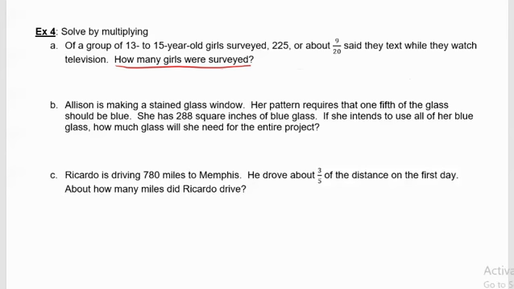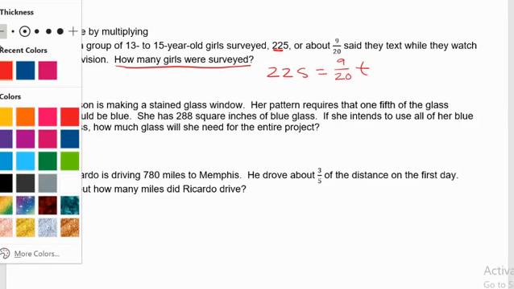Well, it says 225 said that they text while they watch television. Now, I also know that is equal to 9/20ths of the total number of girls that were surveyed, because 225 equals 9/20ths, okay? So I can solve this like a regular equation now.